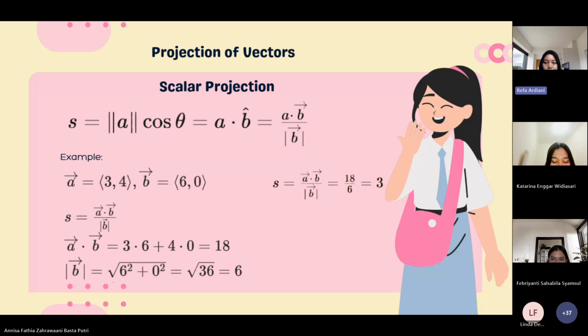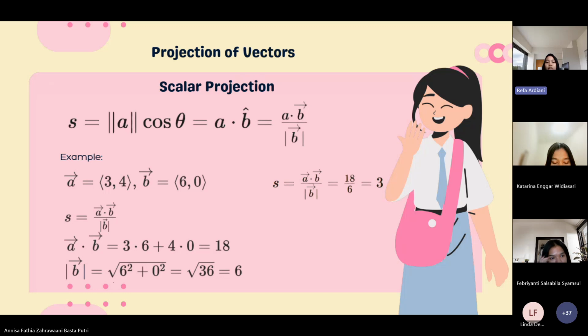For the example, vector A equals 3, 4 and vector B equals 6, 0. First, calculate the dot product. 3 times 6 equals 18, plus 4 times 0 equals 0. So 18 plus 0 is 18.